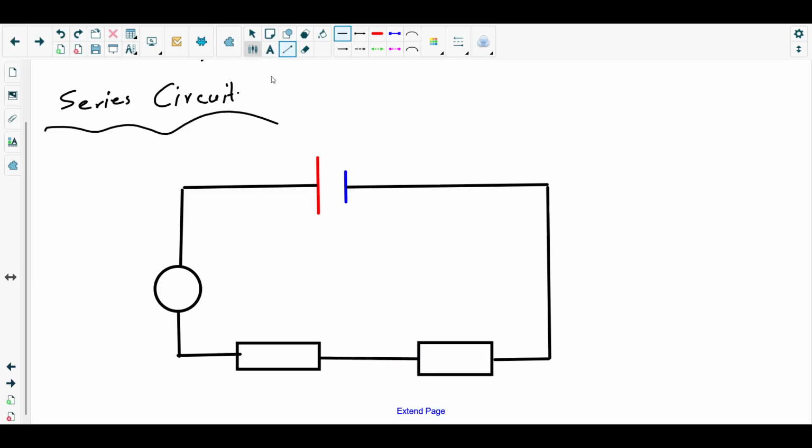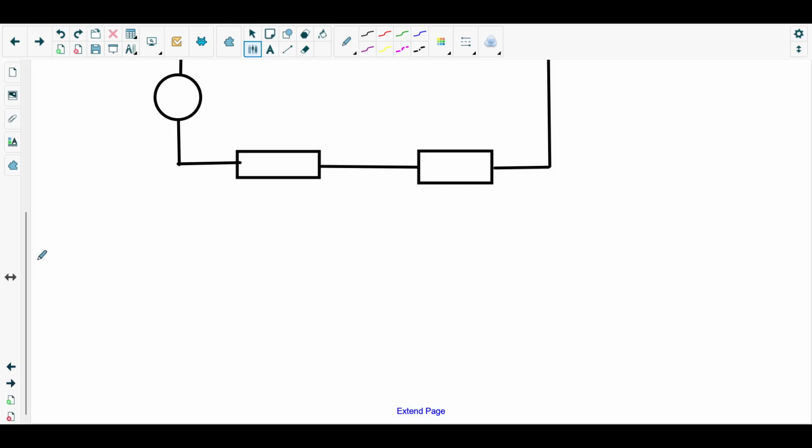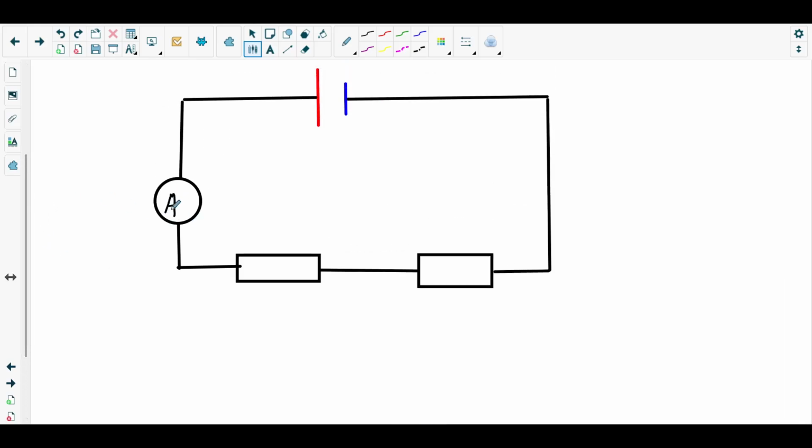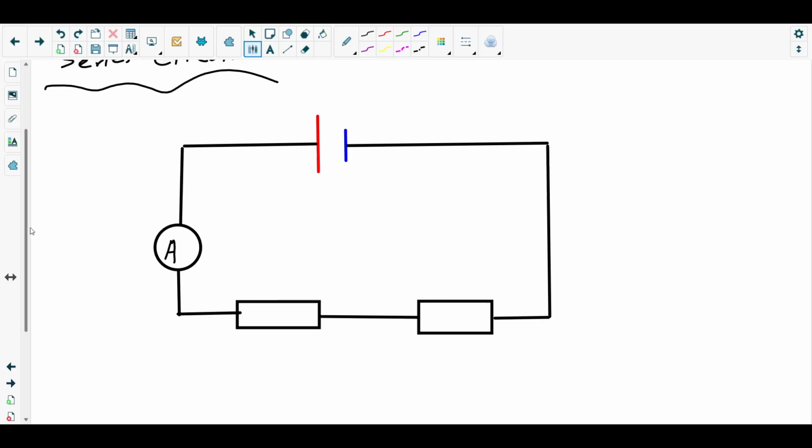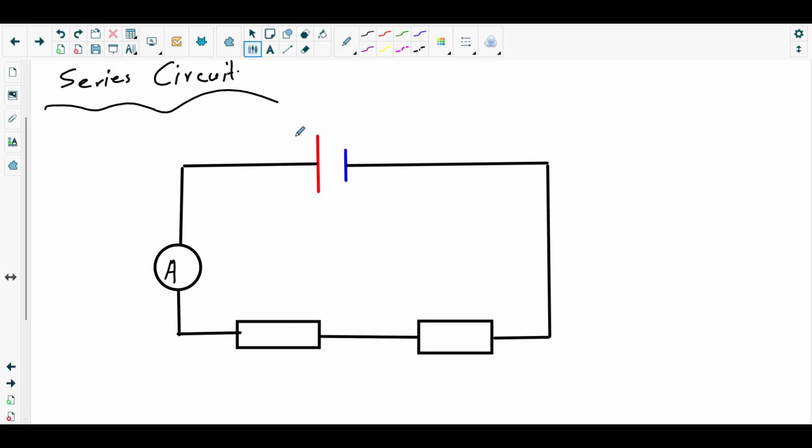We know that current flows from positive to the negative end, right? So the red colored line is basically the positive end, so current flows that way. That's the current, and this is the resistor R1. If you come from the left, R1, the first resistor, will be the one on the left, and the second one will be the one on the right, which is R2.